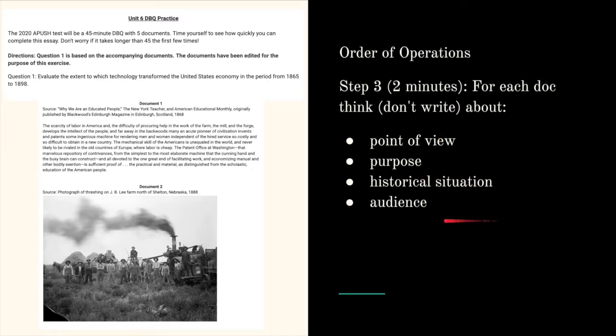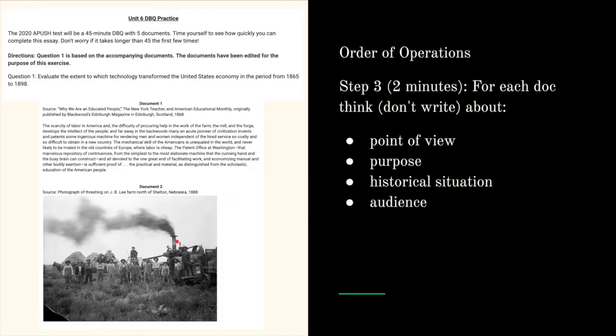You need to show that you know at least one of these things for your document when you use it for evidence, okay? Really, when you guys write your essays, you are using one of these 4 things. You just don't really know it, okay? But it's just kind of good to be aware of these ideas: point of view, purpose, historical situation, audience, because it's so important on that rubric.